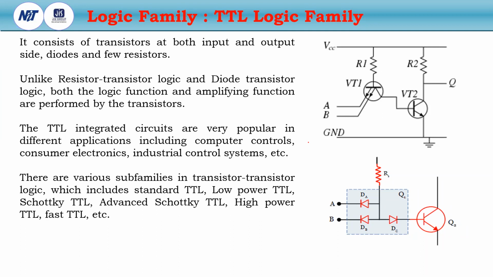Now here in the TTL, both stages consist of transistors. Unlike the resistor transistor logic or the DTL logic, here both the logic function and the amplifying function are performed by the transistors.